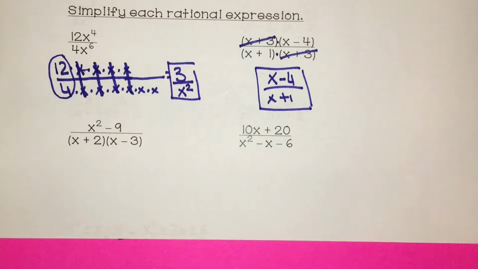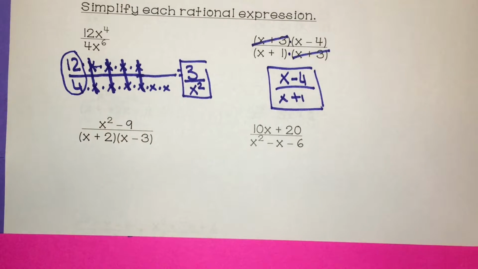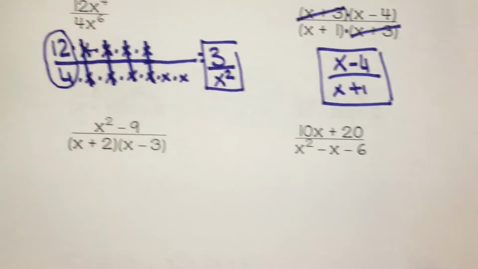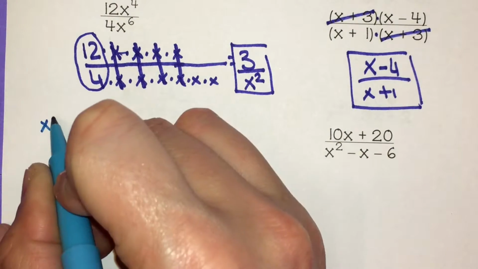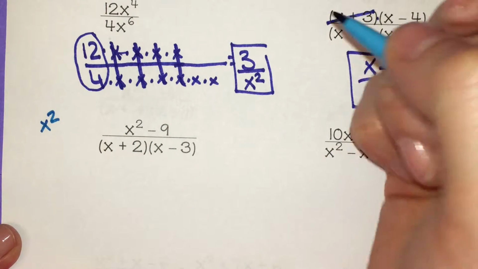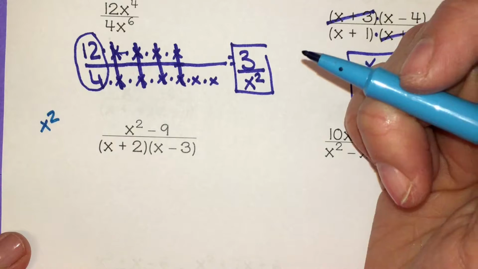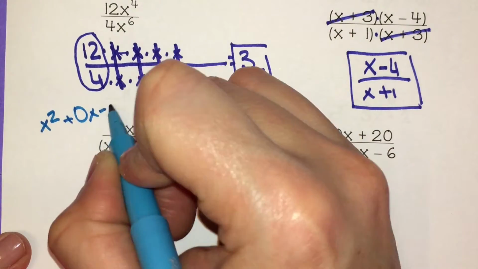Okay, so this one I need to first factor. Anytime something's not factored, I'm going to factor it. So x squared minus 9. I don't have an x term, that means it's x squared plus 0x minus 9.